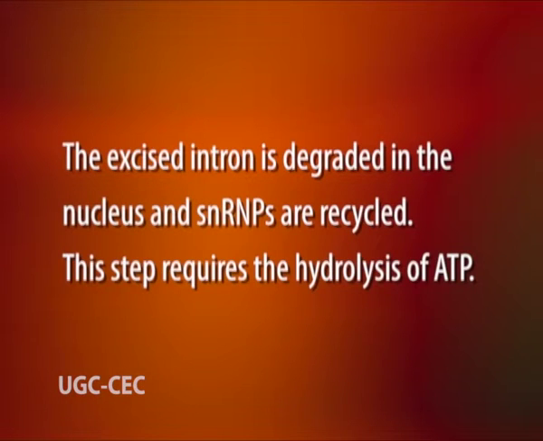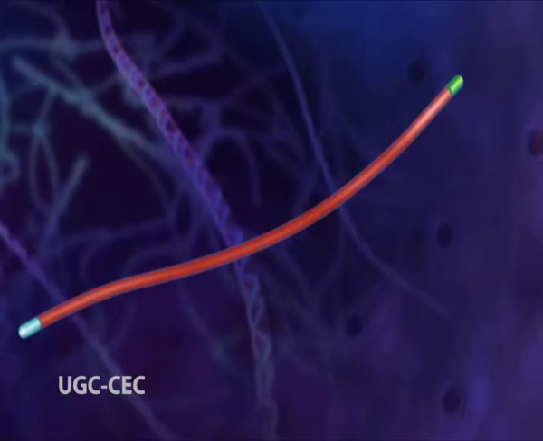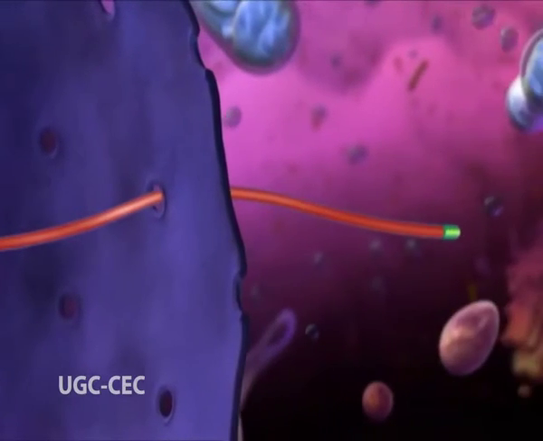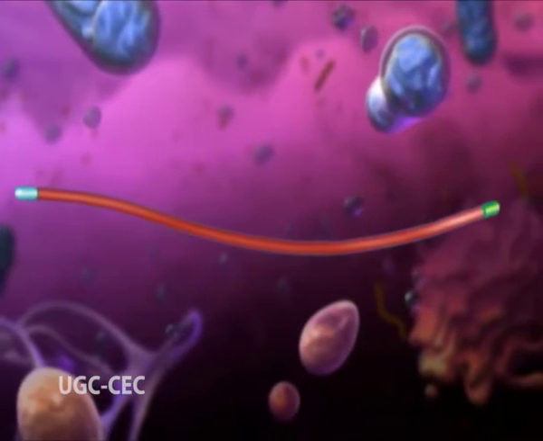The excised intron is degraded in the nucleus and snRNPs are recycled. This step requires the hydrolysis of ATP. The spliced mRNA is now ready for export to the cytoplasm and translation on ribosomes.